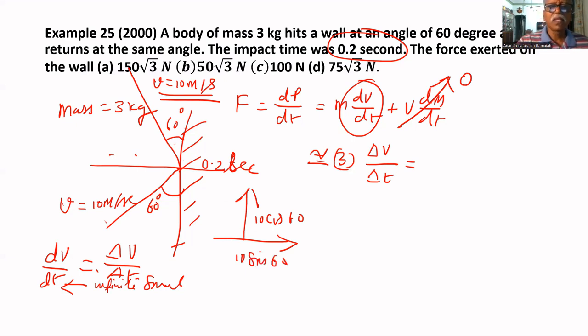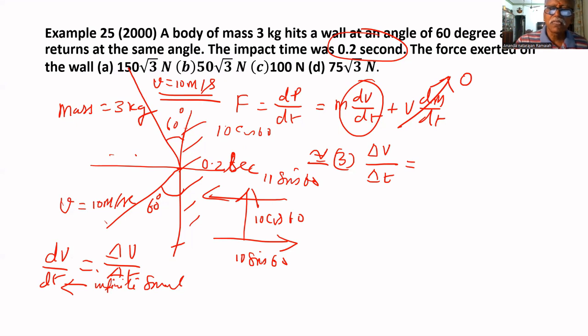While returning, it bounces back with the same angle, so the cos component is 10 cos 60 and the return is 10 sin 60.